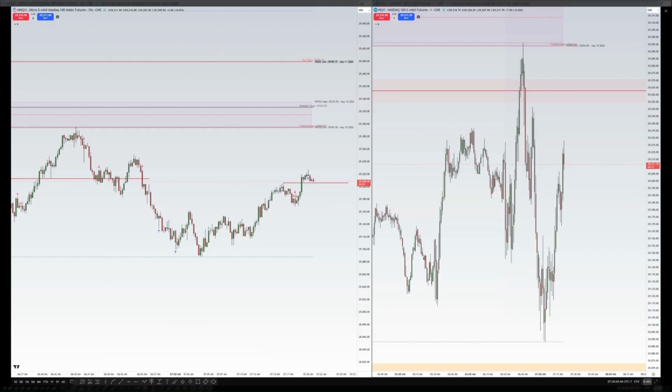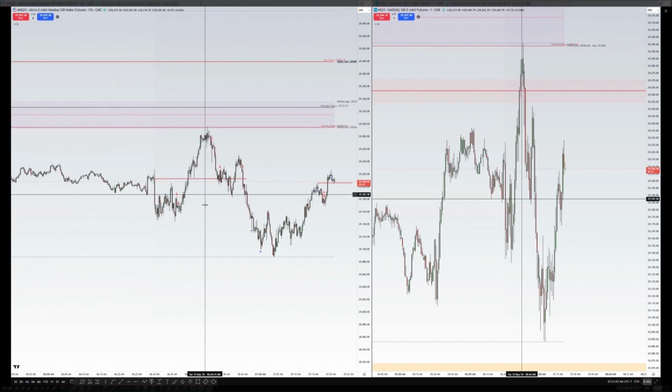My idea is that this is a stop hunt. This last high will be the last high in the build up into premium, and so now I'm looking for one more try at this.